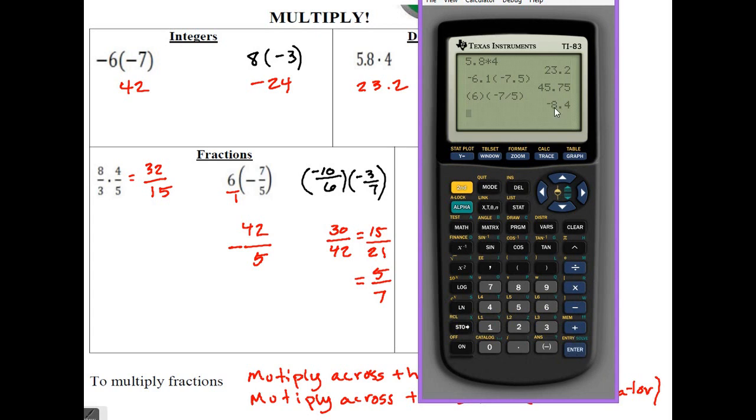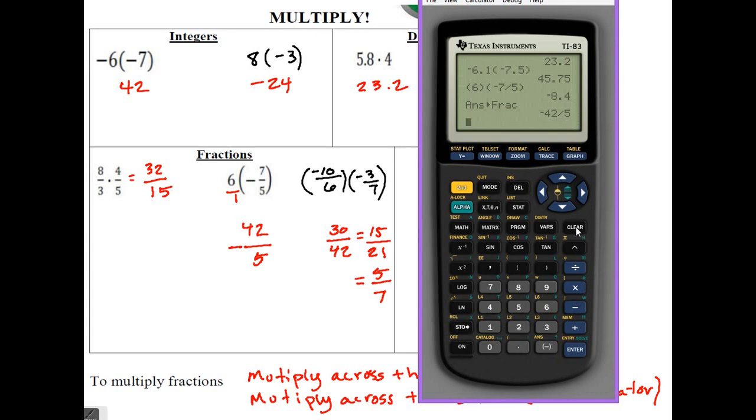Press enter, and I get negative 8.4. But if we want to change this to a fraction, then you click math and then enter twice, and that will change our answer from a decimal to a fraction, and it's negative 42 over 5.